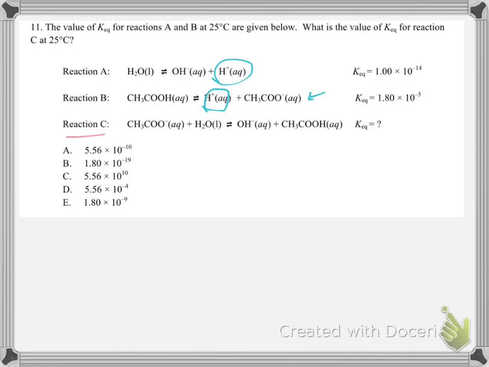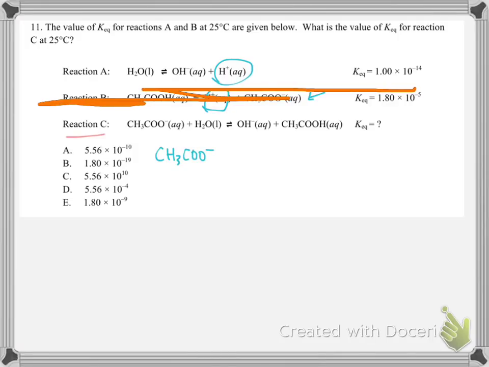Let's just cross that one out, and instead we'll have CH3COO minus plus H plus makes the acetic acid.